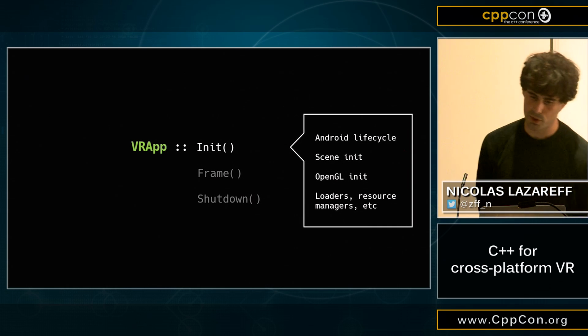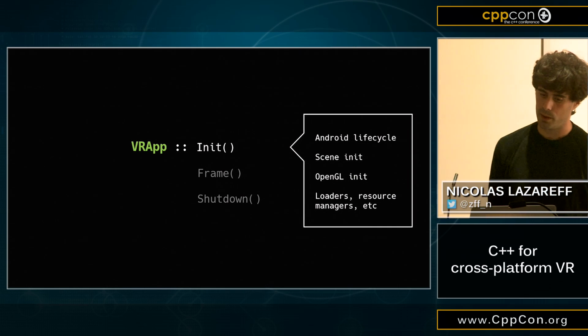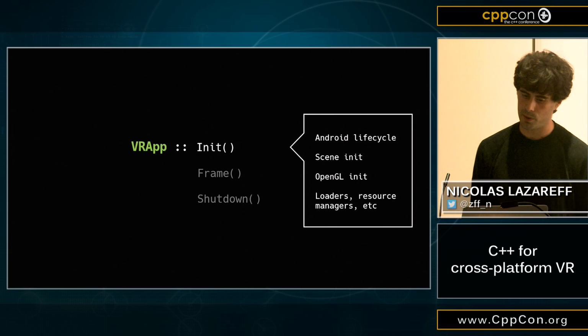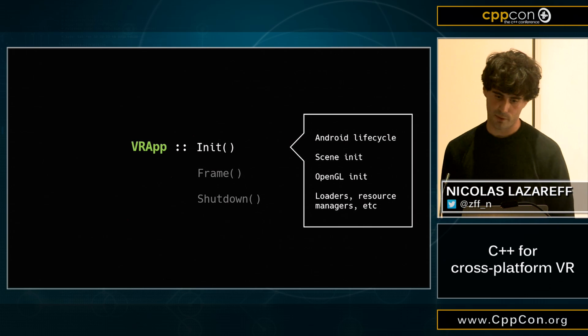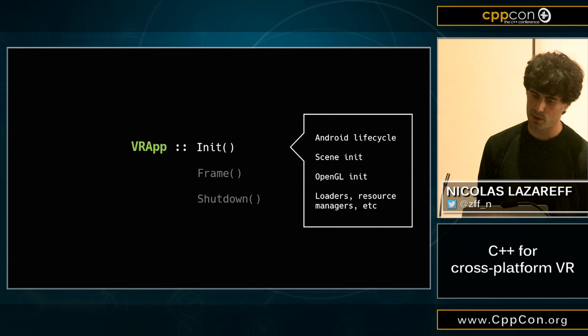And when it comes to initialization, since they're both on Android, we have to do some Android lifecycle management. We have to do, obviously, some of our own C initialization. We'll leave the OpenGL stuff, the details of it, to the SDKs.